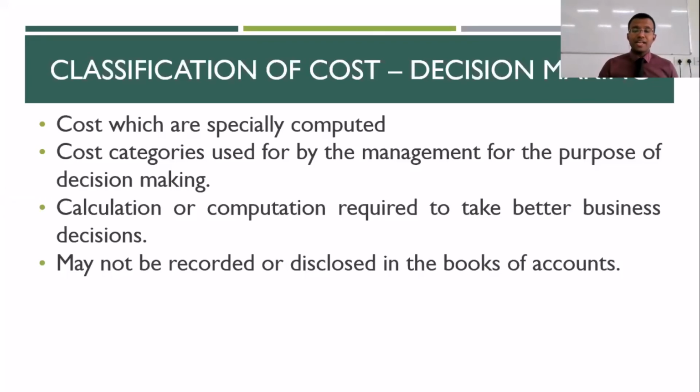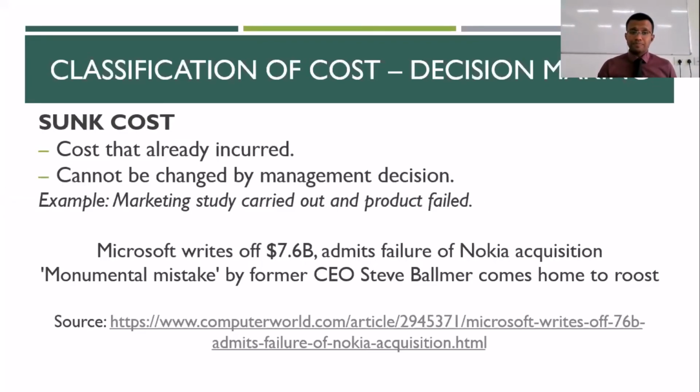Some of the classifications that we had touched upon, one was the concept of sunk cost. Sunk costs are costs that you have already incurred, but due to how business has eventually turned out, you're not in a position to recover this cost at this point of time. Hence, you're forced to write off the cost.